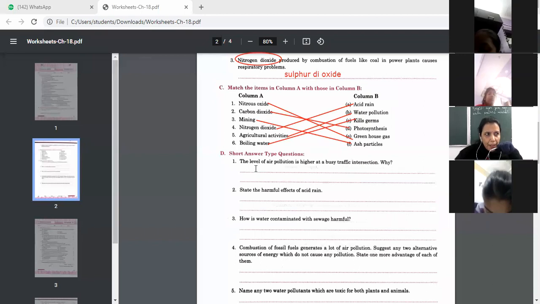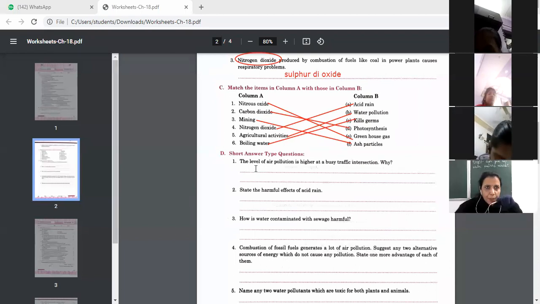At a busy road, a large number of vehicles stop there for most of the time and much of the smoke is produced. So kindly write down the answer yourself. Because at the same time, much of the smoke is produced by many vehicles.